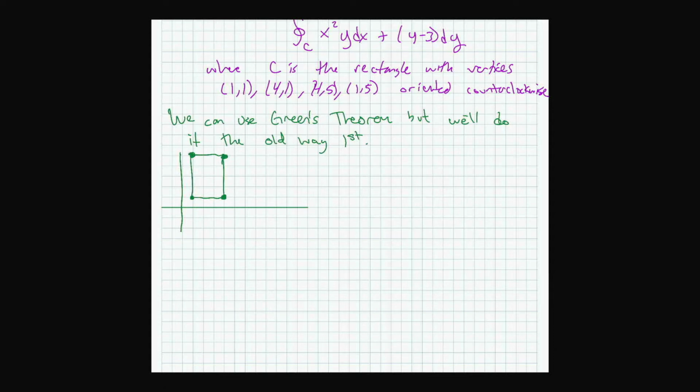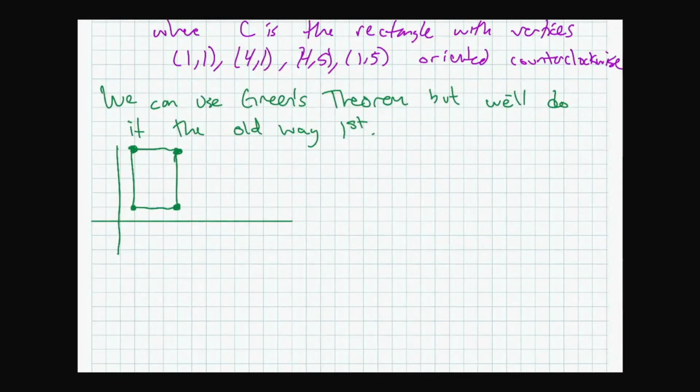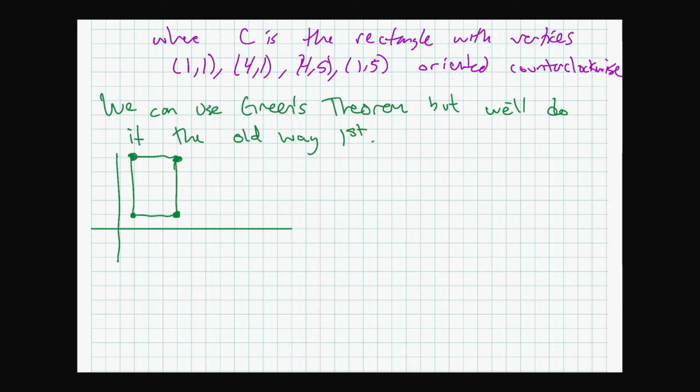So there is your line integral, or your C. And it goes this way, counterclockwise. There's four pieces to this boundary, so we would have to number it C1, C2, C3, C4. It doesn't matter which piece is which, but that's what we would have to do if we were going to do this line integral.